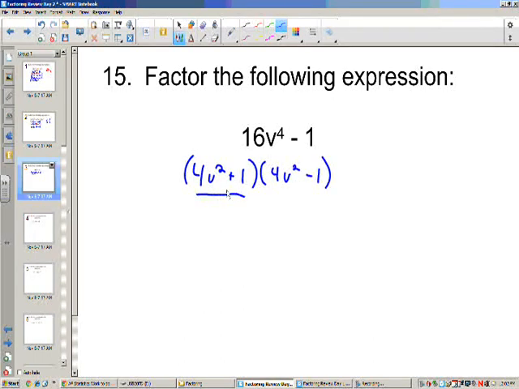Now this first term, we cannot factor any longer, because it's not the difference of two squares, it's the sum of two squares. But this is the difference of two squares, so we can factor that down even further. So this first one remains the same. The second one becomes 2v plus 1, 2v minus 1.